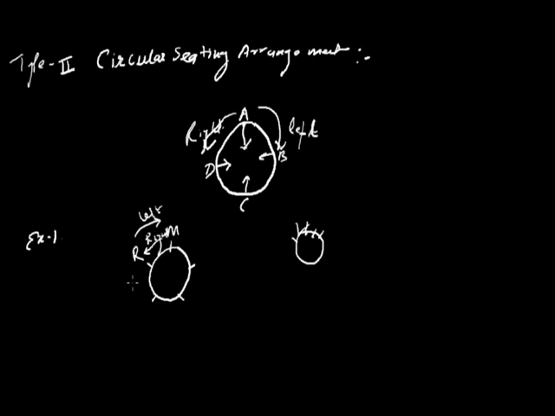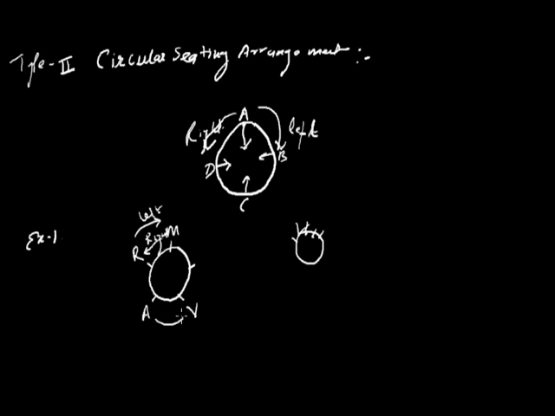Okay, and the next statement is Vijay was to the right of Anil and between Anil and Nagesh. Now Vijay was between Anil and Nagesh, so Vijay should be in this position, and because he is to the right of Anil, Anil should be here.